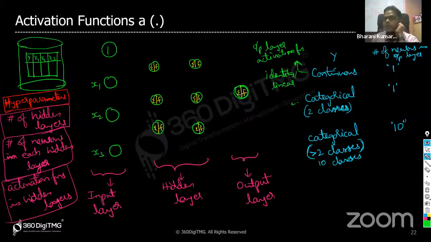If it is categorical with two categories, then the output layer activation function can either be sigmoid or tanh, usually. And if your output variable has more than two categories, in the output layer you use softmax as the activation function.